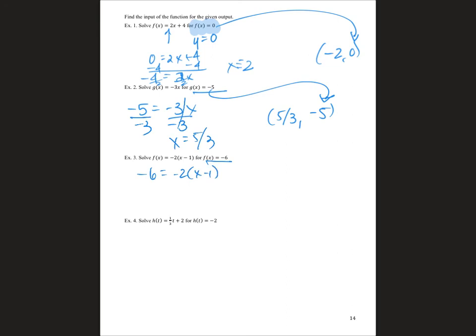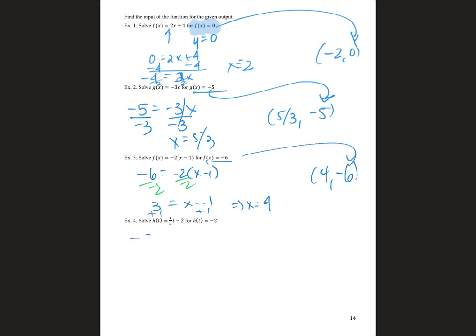Couple different ways I can approach this. I could distribute the negative 2 on the right-hand side, but I could easily just divide both sides by negative 2 and make the problem easier. So when x is 4, y is -6.